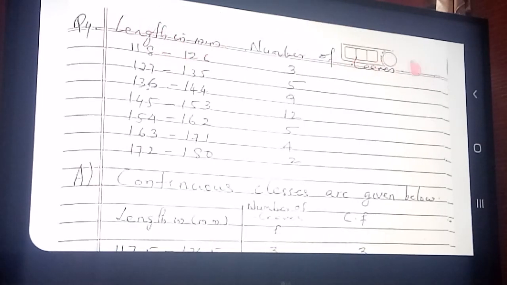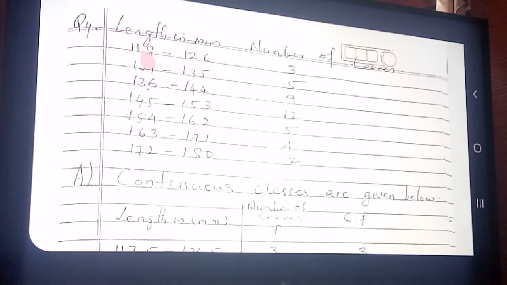Now question number 4. Question number 4 also you read from the textbook. All of you read. The lengths of 40 leaves of a plant are measured correct to the nearest millimeters and the data obtained is represented in the following table. So the lengths of the leaves are given. Okay, and this table has one difference, just like the previous one.